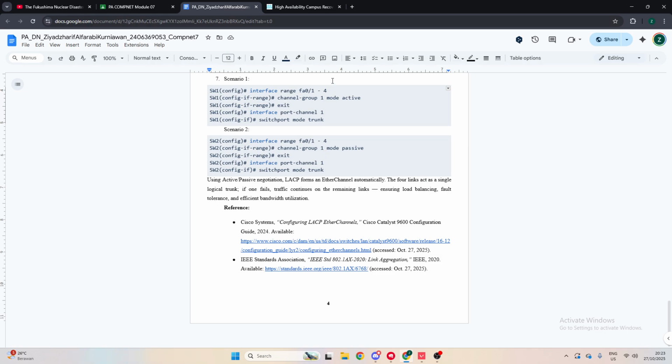Switch 2 is under the same range of FastEthernet, and we make that mode passive instead. That's how they connect. By using this active-passive negotiation, LACP forms an EtherChannel automatically. The four links act as a single logical trunk. If one fails, traffic continues on the remaining links, ensuring load balancing, fault tolerance, and effective bandwidth utilization.